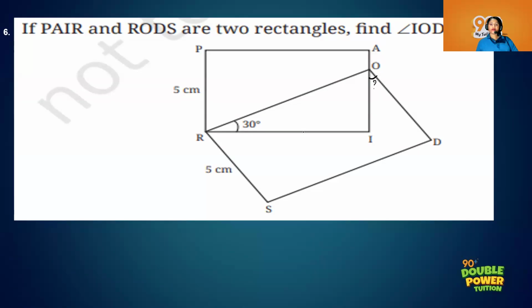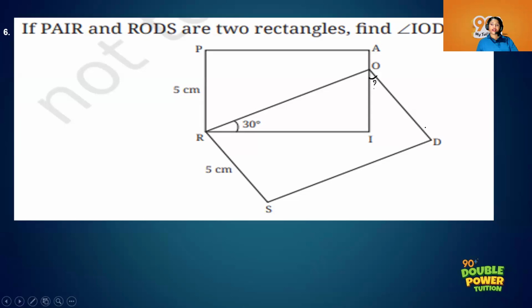Ma'am, is it 30 degree? No. How will it be 30 degree? Yeah, that's 30 degree. But you have to explain how you got that. What you said is right, but you have to explain how you got that.